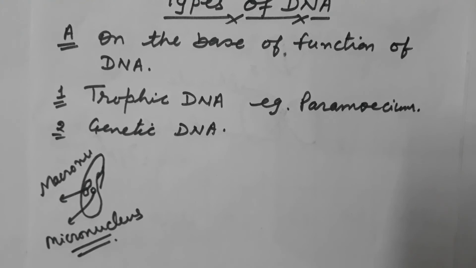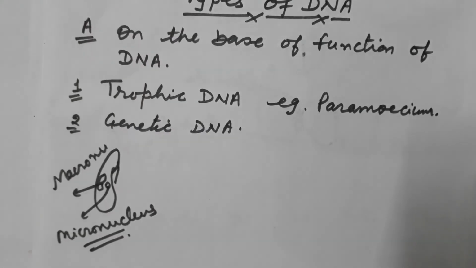At the time of reproduction, this macronucleus degenerates and micronucleus divides in two by transverse binary fission. So macronucleus contains genetic DNA and trophic DNA controlling other activities of the body.